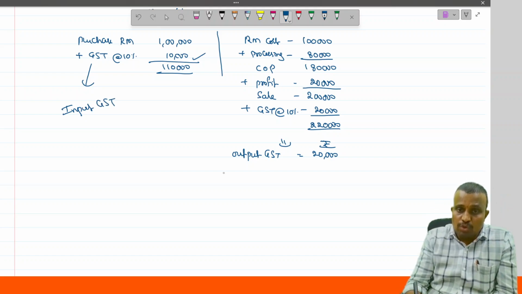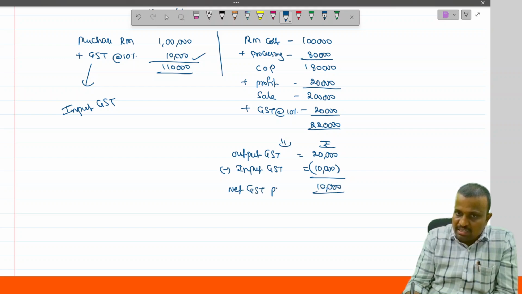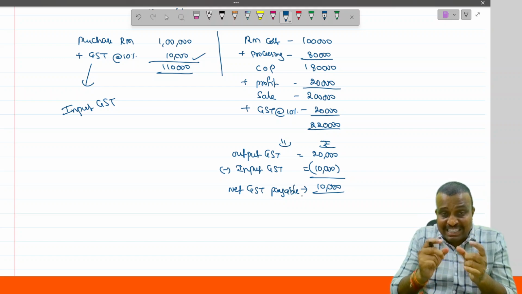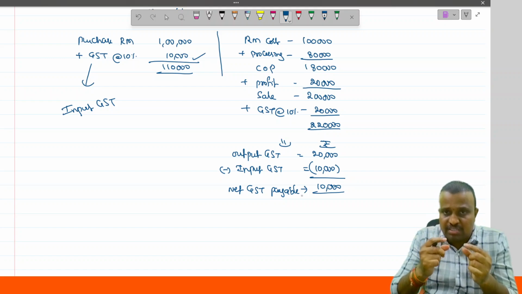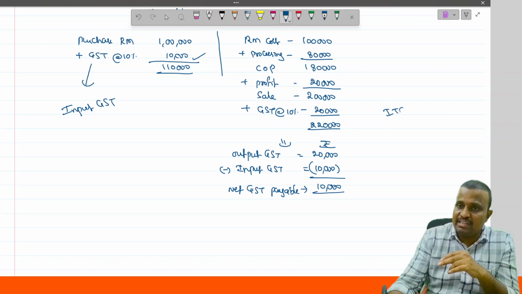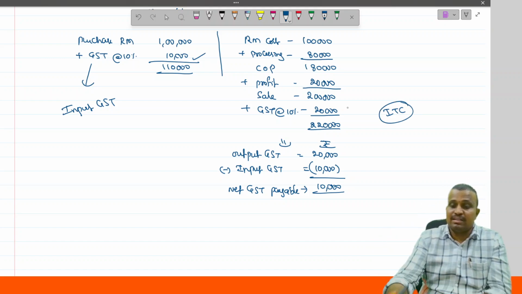Input GST is going to be reduced from the output GST, and the remaining only is liable to be paid to the government, nothing but net GST payable. The process of reduction of input GST from the output GST is called ITC, input tax credit.